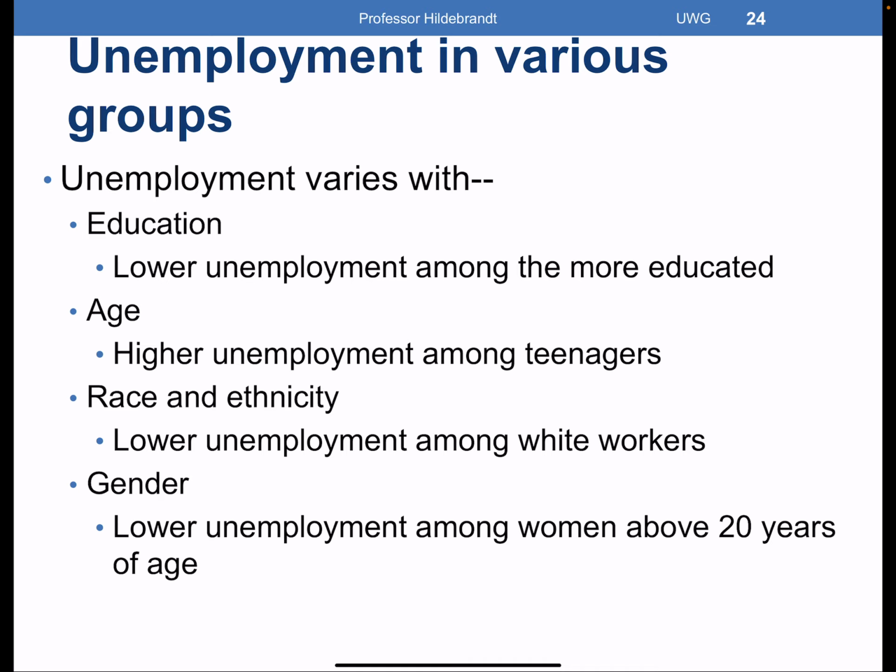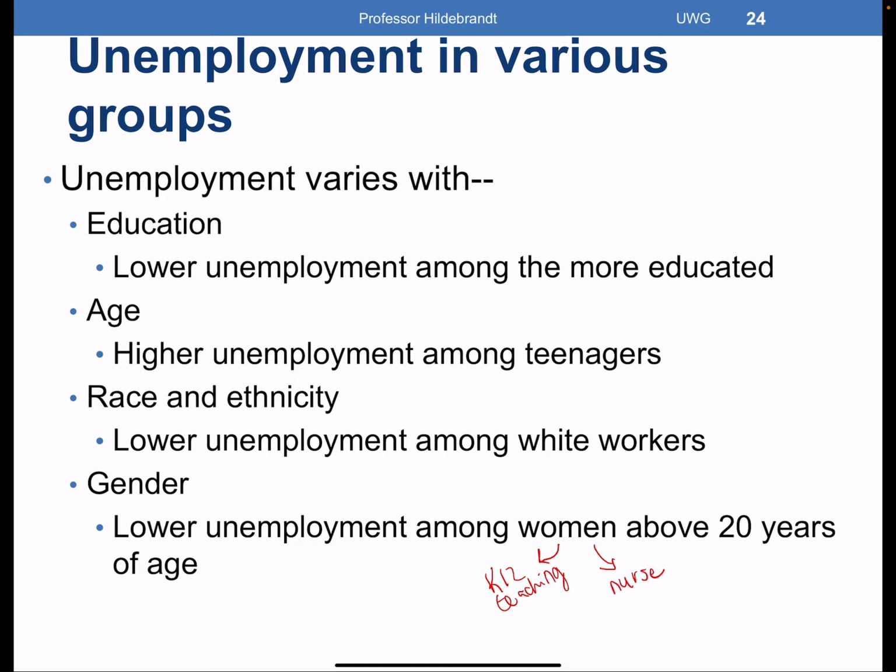Race and ethnicity, we do still see lower unemployment rates amongst white workers. And gender, we actually see lower unemployment rates among women who were 20 and older. And I think a lot of this has to do with still there's some self-selection bias in terms of careers. There's two groups in terms of different career paths that still tend to be sought out primarily by women, and that's K through 12 teaching, particularly like elementary school teaching, and then working as a nurse.